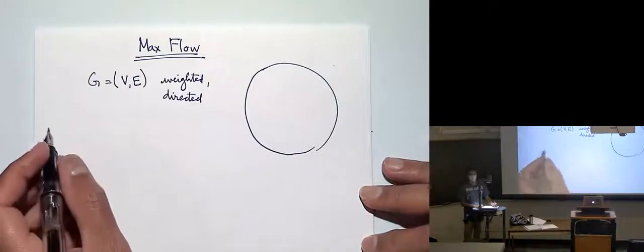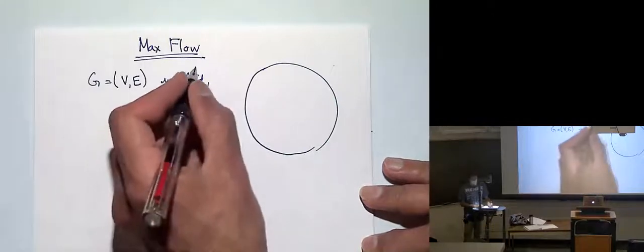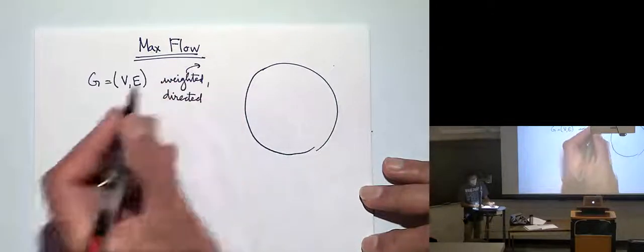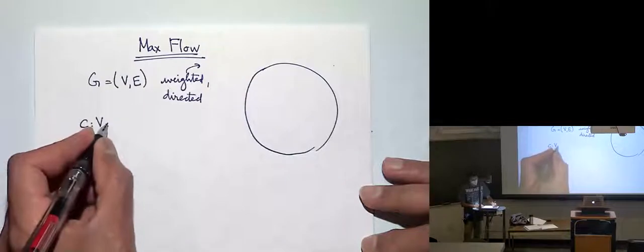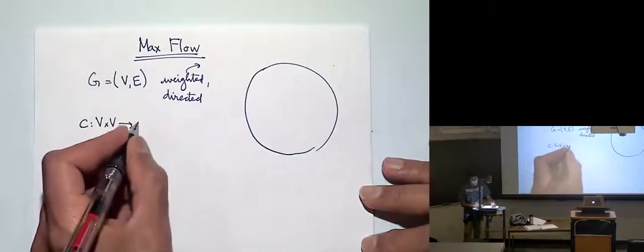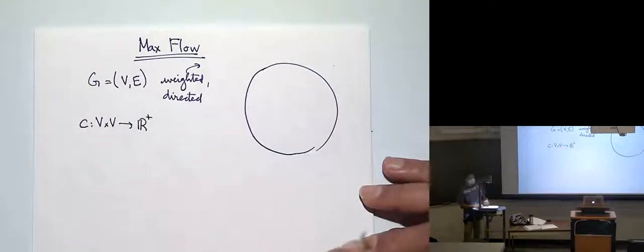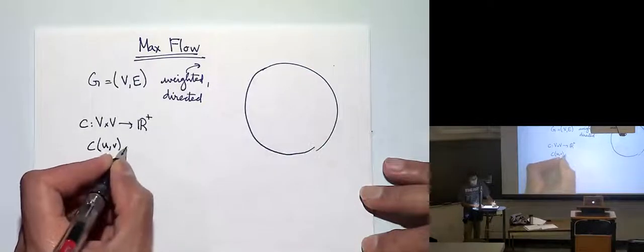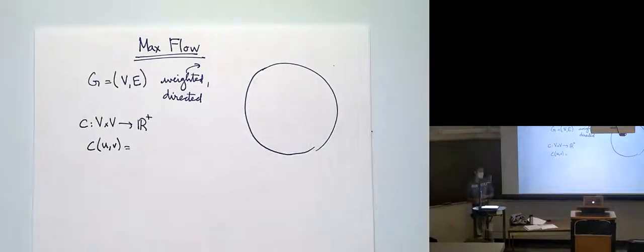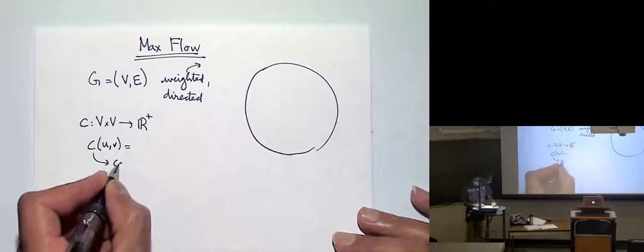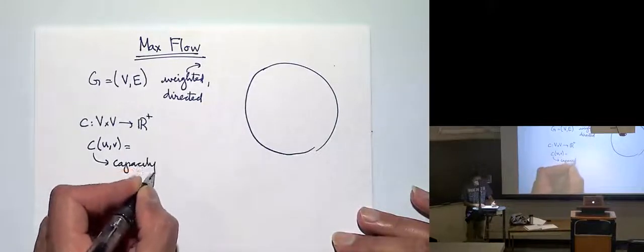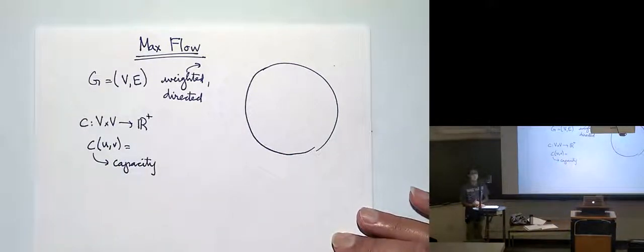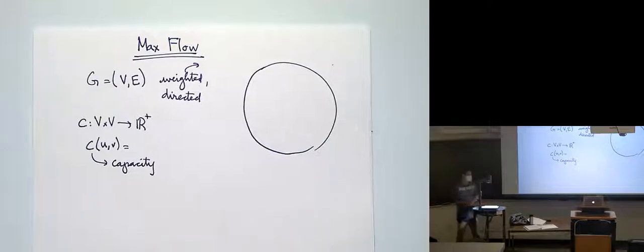Now, for convenience, I'm going to refer to the weight using C, and these are non-negative weights. So C of UV is whatever, something. I'm going to call it C, not W, and that's because C is going to refer to capacity.